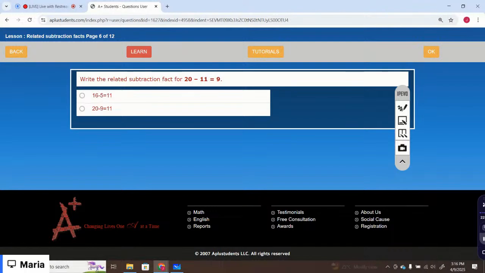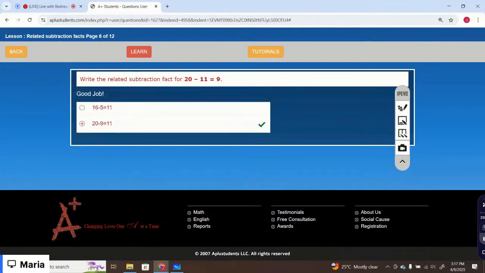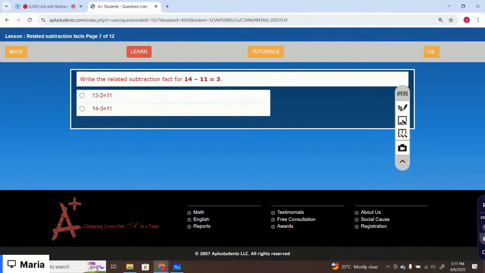Write the related subtraction fact for 20 take away 11 equals 9. So which is the correct option? Option number 2 is the correct option. That is 20 take away 9 equals 11. Write the related subtraction fact for 14 take away 11 equals 3.